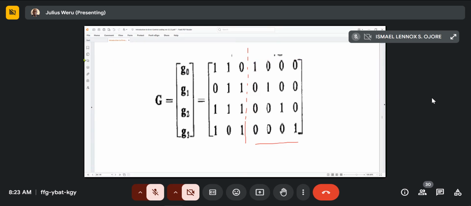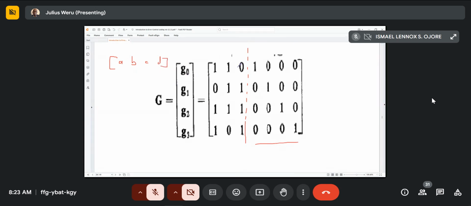If you have, for example, A, B, C, D as your bits, although of course we don't put the commas, I'm just putting commas to show them clearly.